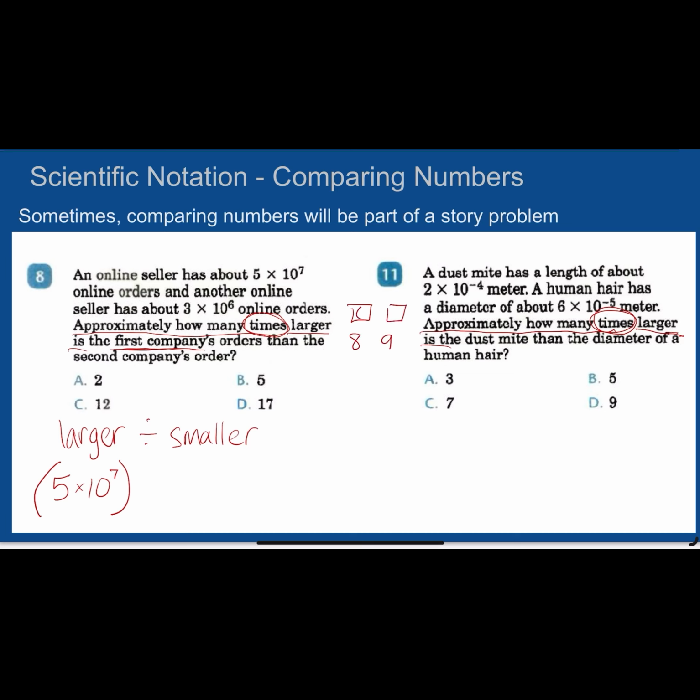So the start parentheses is above the 8, the close parentheses is above the 9. So those are what we want there. Then we're going to do our division sign on our calculator. Then we're going to do parentheses again, 3 times 10 to the 6th, and then close the parentheses. Go ahead and do that and see what you get.